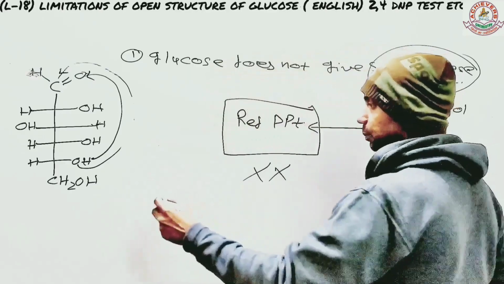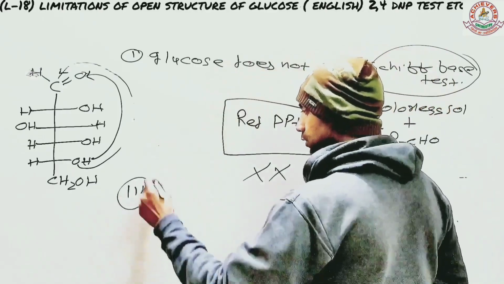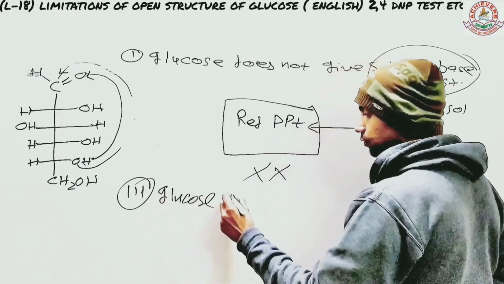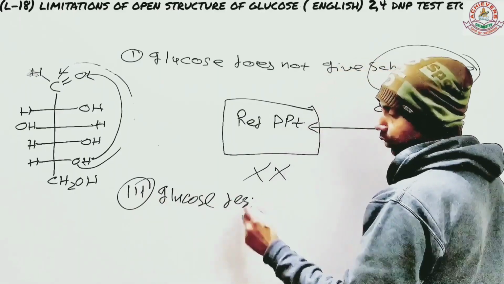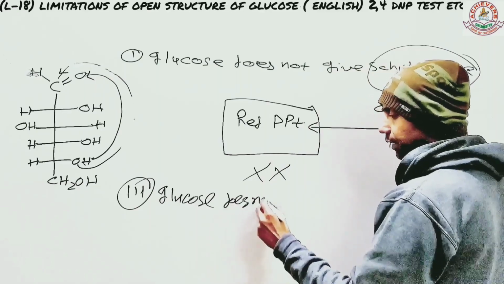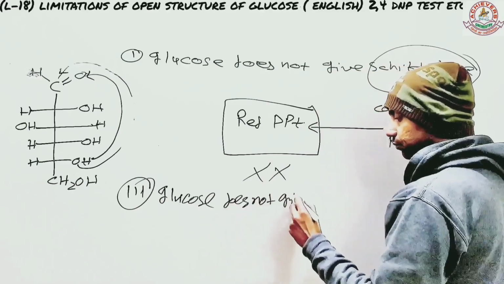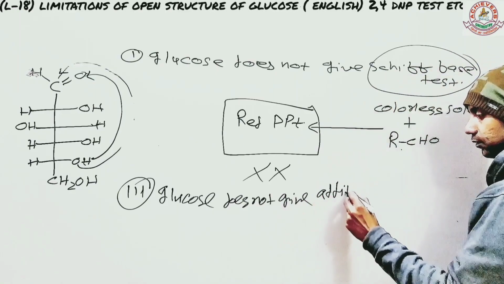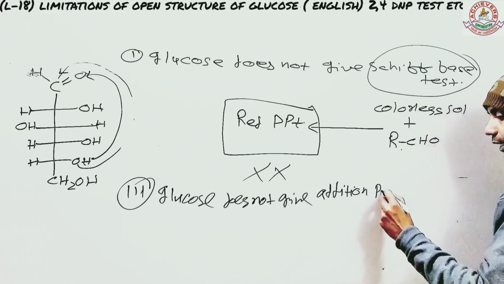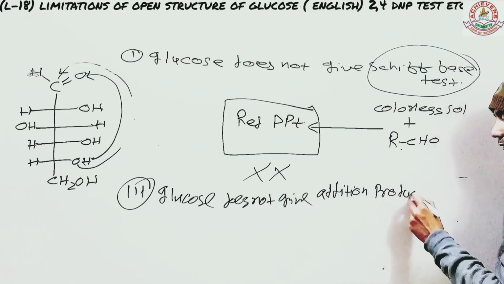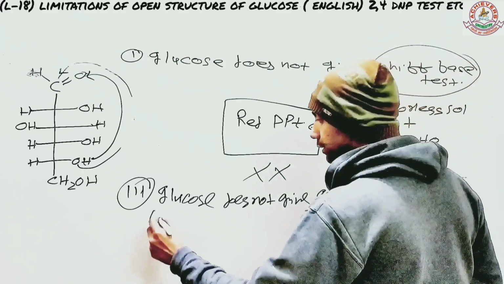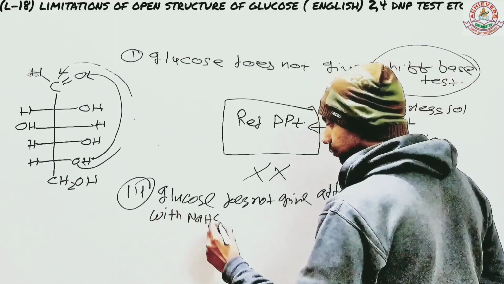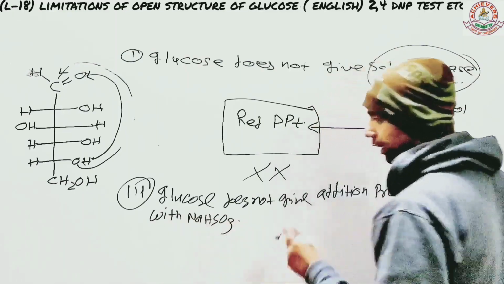What third is, just pay attention. The third one is that glucose, again very important for your exam, does not give an addition product with NaHSO3. Let me tell you what this is.